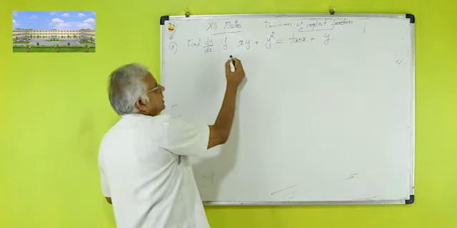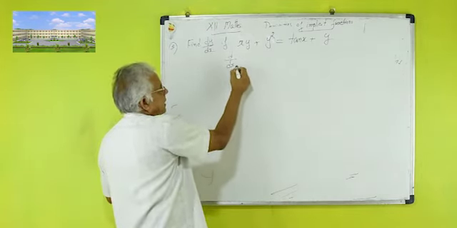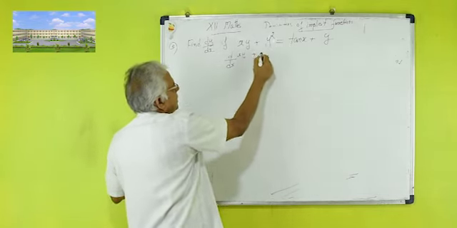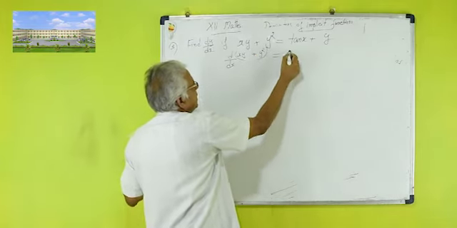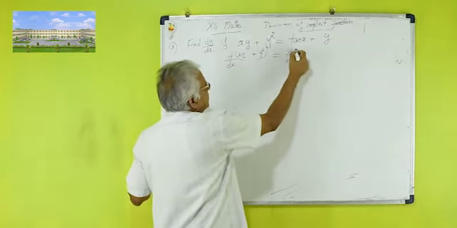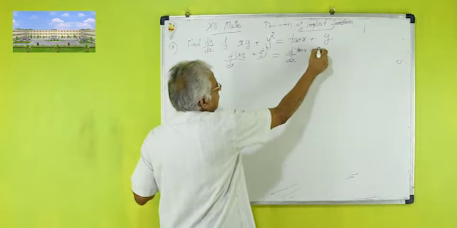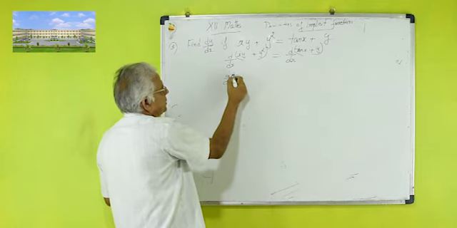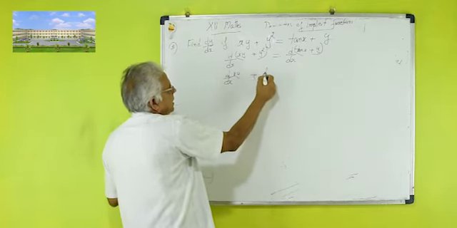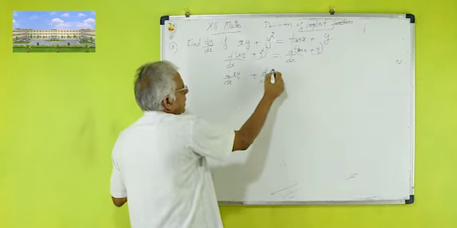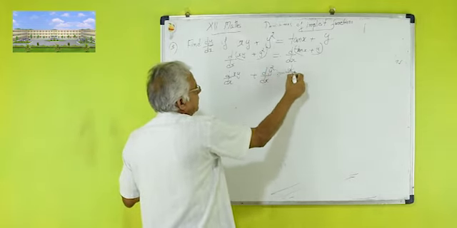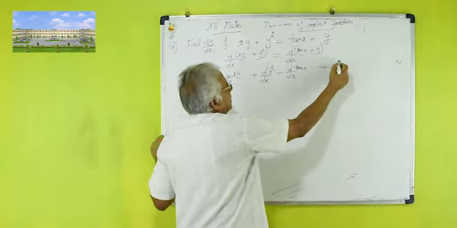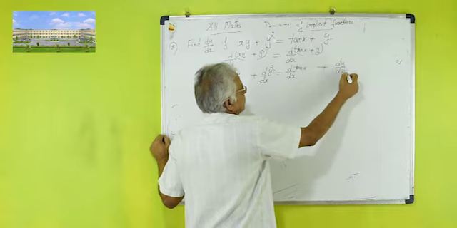So differentiate: dy by dx of the left side, xy plus y², is equal to dy by dx of tan x plus y. Sum rule applied: dy by dx of xy plus dy by dx of y² is equal to dy by dx of tan x plus dy by dx of y.